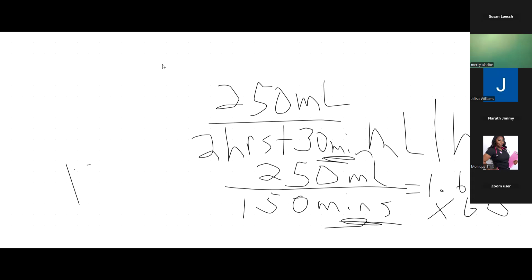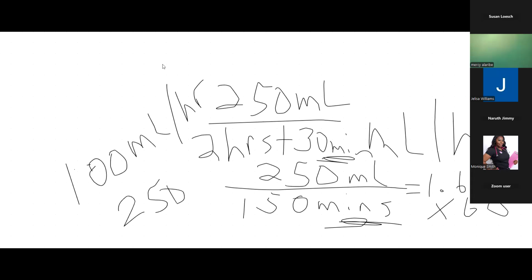Yeah, 99.9. Okay, you could have taken 250 and divided it by 2.5, because you should know 2 hours and 30 minutes is 2.5. If that's how your brain works, then do it that way, because when you get on the test, your brain's going to be stressed. But whatever method you use, it has to be consistent. You just have to remember to do your conversions.